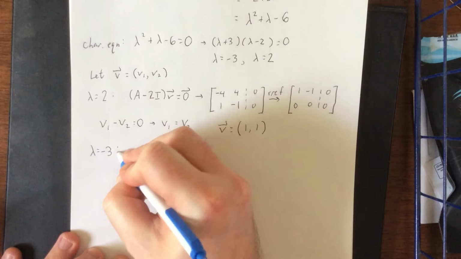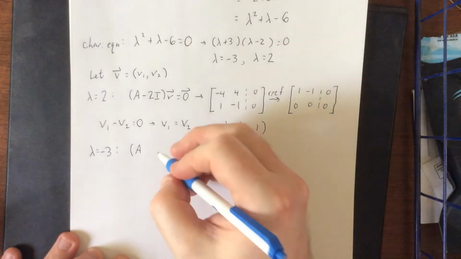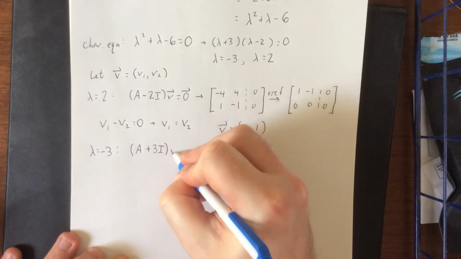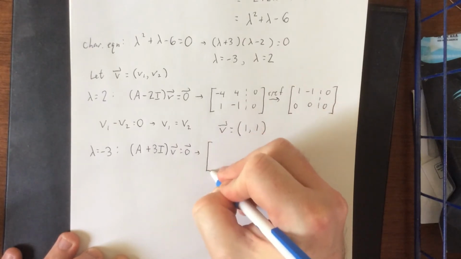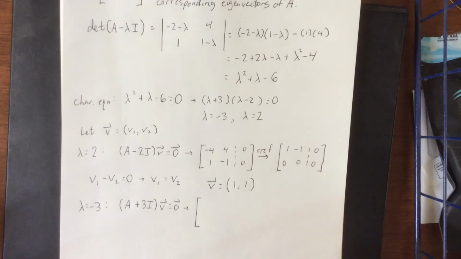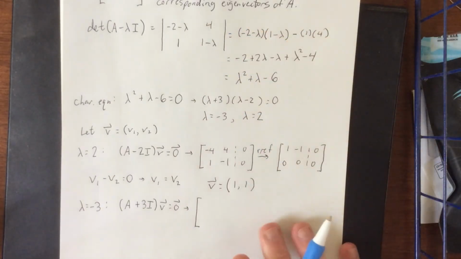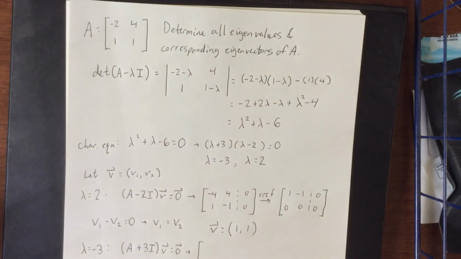For lambda equals -3, this time we're going to be setting up A minus lambda I, which is A minus -3 times I, or a plus 3I, times vector v is equal to the 0 vector. So this time, heading back to this matrix right here, I'm going to be plugging in lambda equals -3, also known as adding 3 to the entries on the main diagonal.